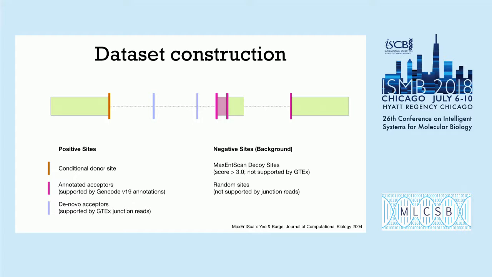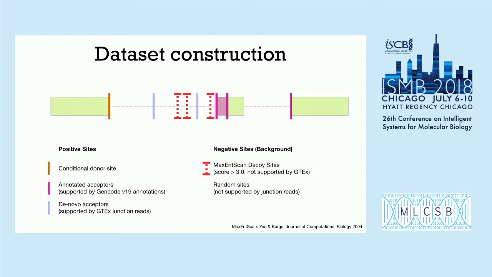That gives us our positive set, and we also add two different kinds of negative sites. For the first type of negative sites, we want to pick negative sites that look very, very similar to real splice sites, but are nevertheless never used. To do this, we use the MaxEntScan algorithm, which predicts the splice site strength score. We scan it along the genome, keeping sites that have a relatively high score of greater than 3, but for which we can't find any evidence in the annotations or RNA-seq that those sites are ever used.